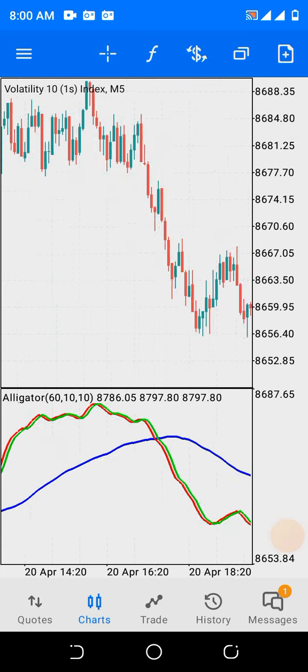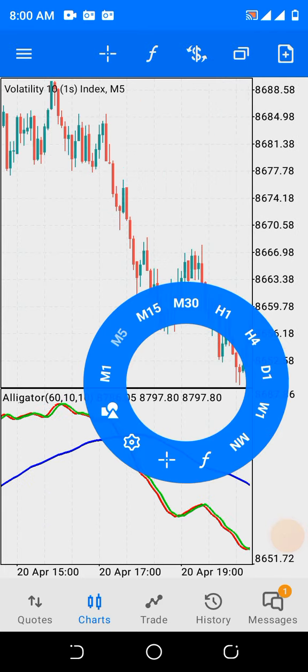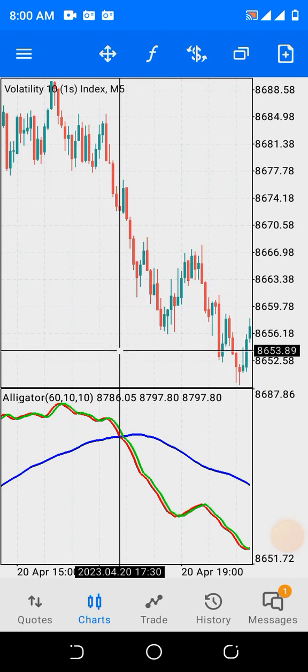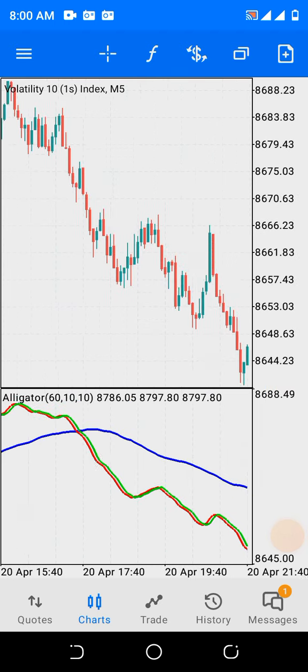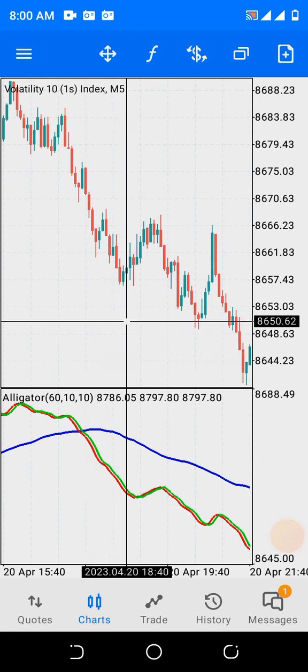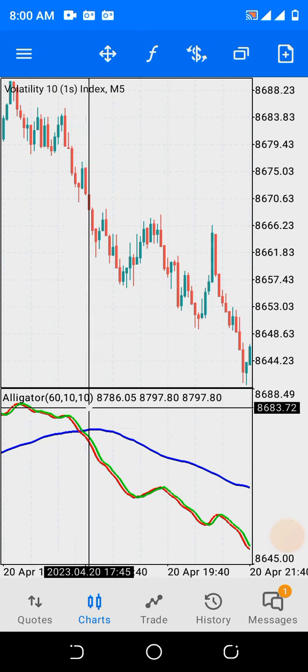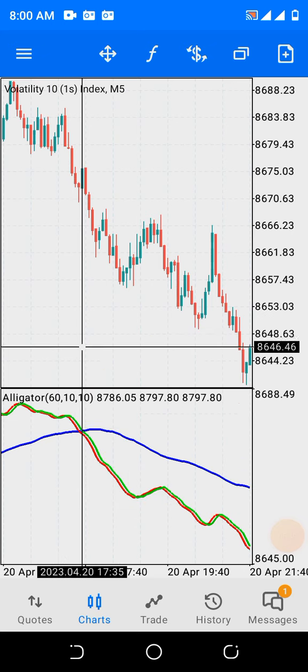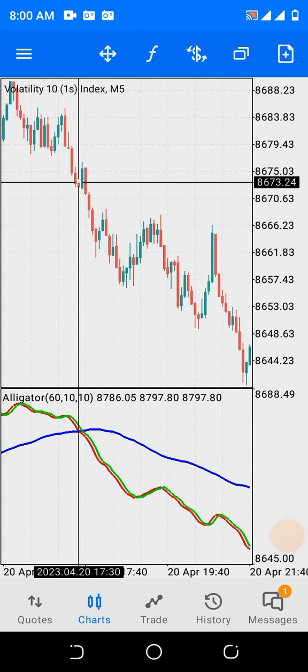Do you understand? That's how you keep on. Look at this. This is a clear sell signal. Are you seeing it? So you make your entry where the correction occurs here. Make your sell entry here.